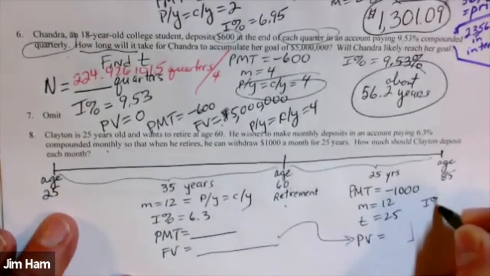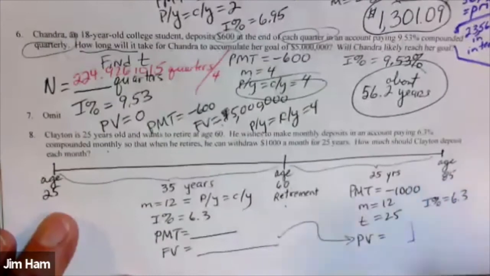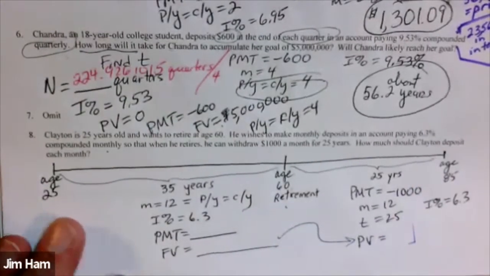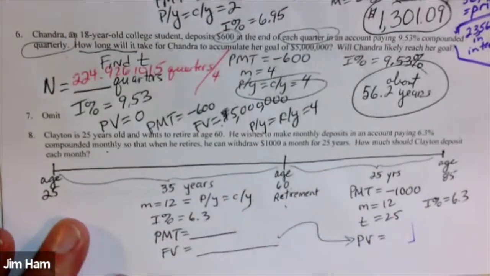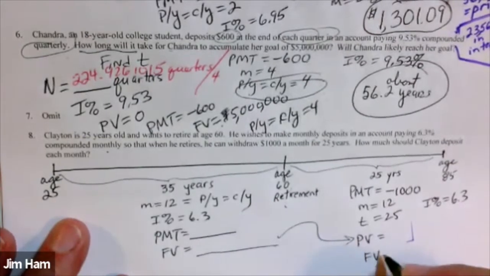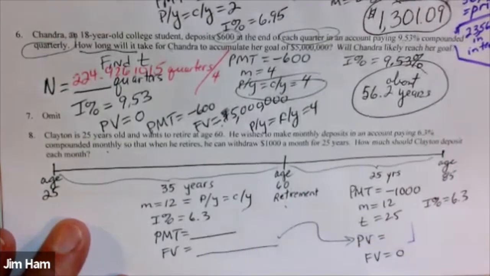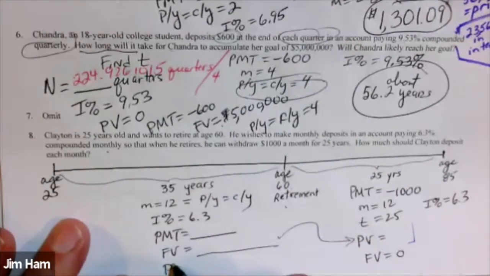We're going to assume that the money stays in the same account, so it's earning the same interest rate in the first 35 years as in the last 25 years. The second part of the problem is a present value problem, so the future value is going to be 0. The first part is a future value problem, so the present value is going to be 0.